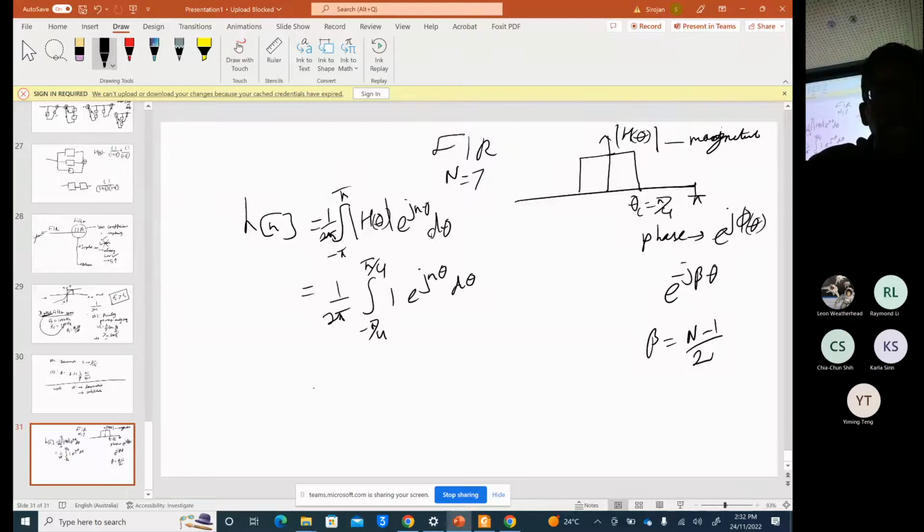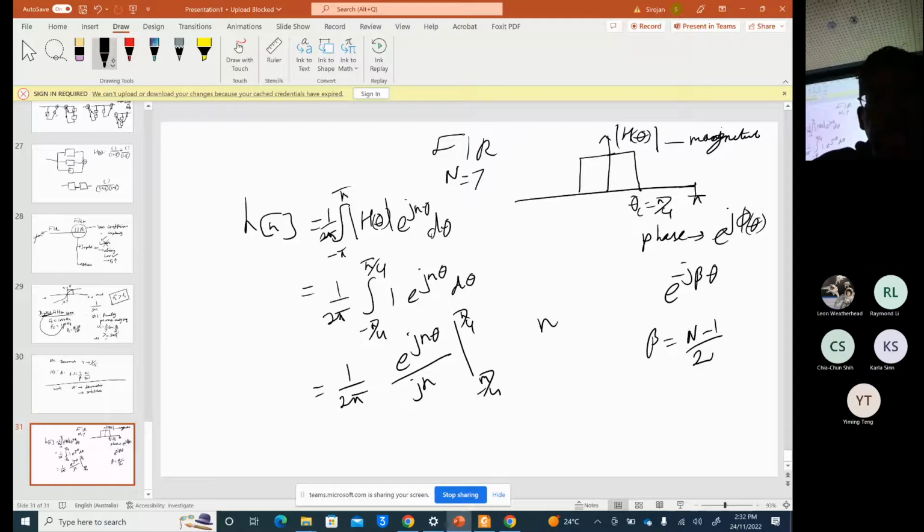Okay, so that is equal to 1 upon 2 pi times the integration, e to the j n theta divided by j n, from minus pi by 4 to plus pi by 4. This is when n is not equal to 0, because otherwise n becomes 0.